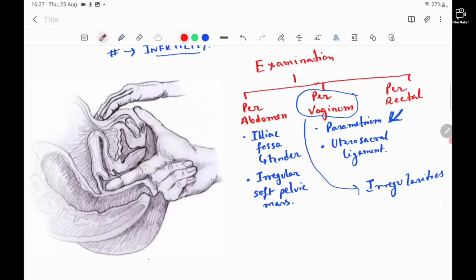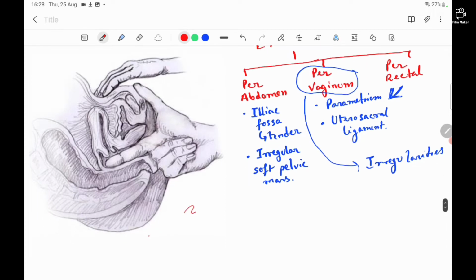Now, looking at the diagram, this is a diagram of bimanual examination. How to perform a bimanual examination?